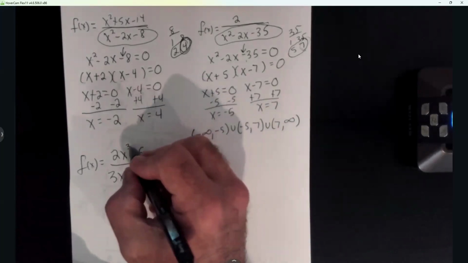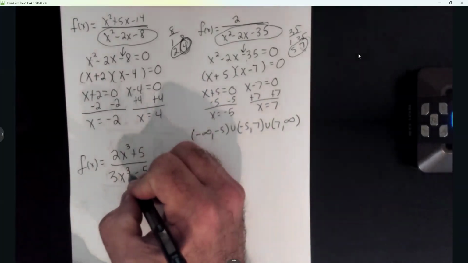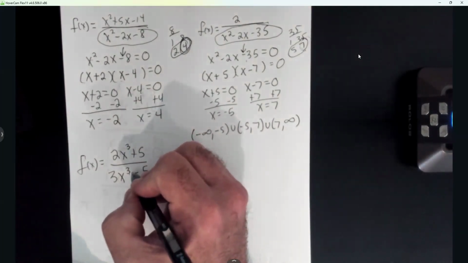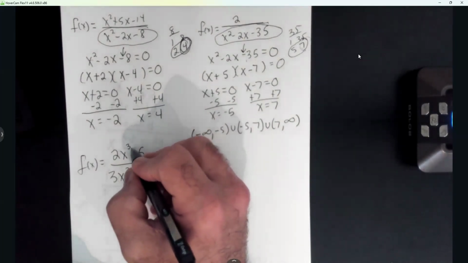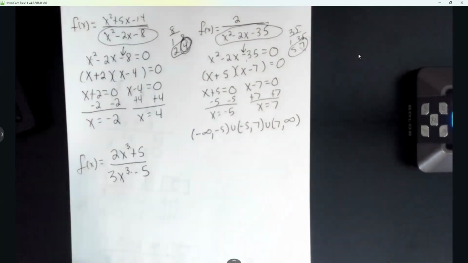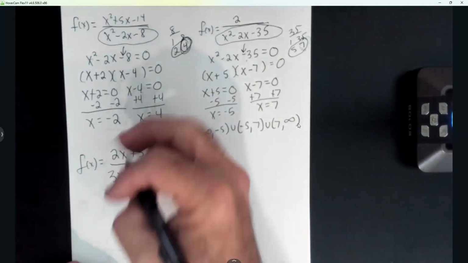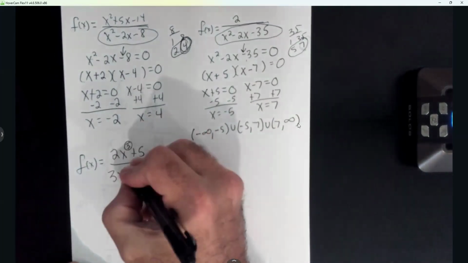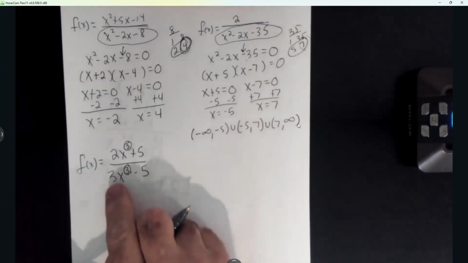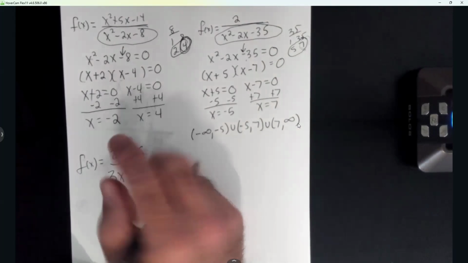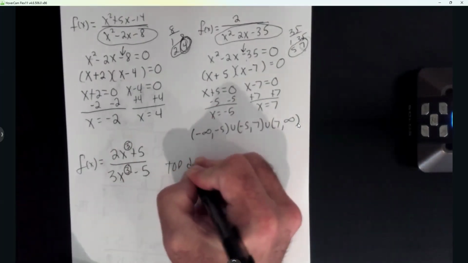The exponent on top was greater than the exponent on the bottom, the exponent on top was less than the exponent on the bottom, or the exponent on top was equal to the exponent on the bottom. So you're looking at the biggest exponents. The exponent on top is a 3, the exponent on the bottom is a 3. So they're equal. So the top degree equals the bottom degree.